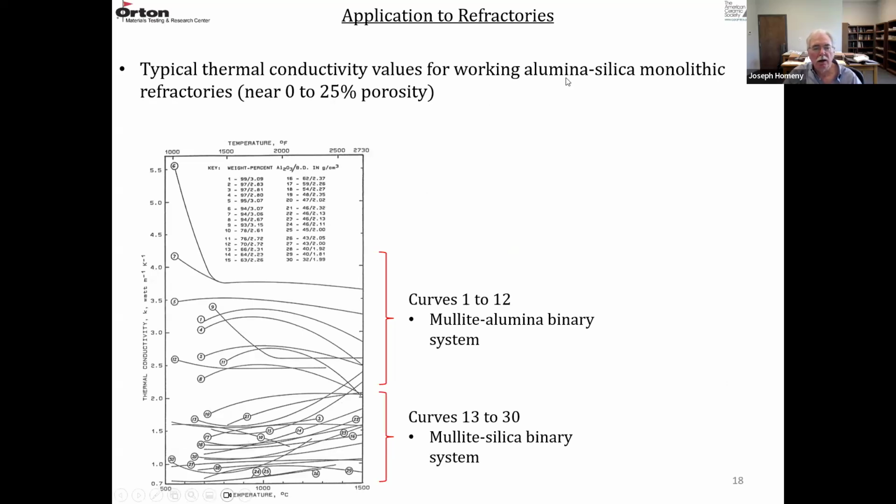So this is again more alumina silica materials, and these happen to be castables or monolithic materials. Curves 1 through 12, these curves in the upper part of the diagram are mullite alumina type materials. The curves 13 through 30 towards the bottom of the diagram are mullite silica type refractories.